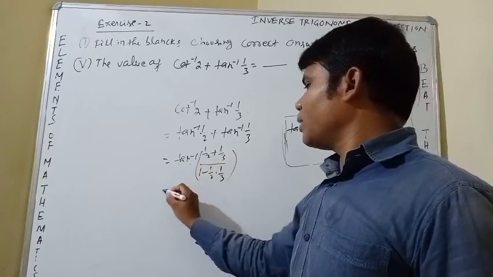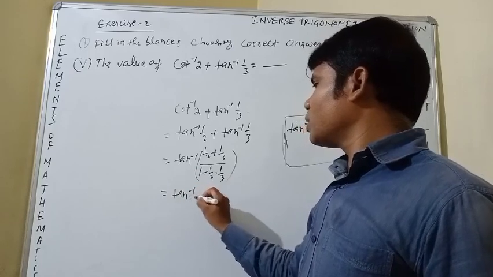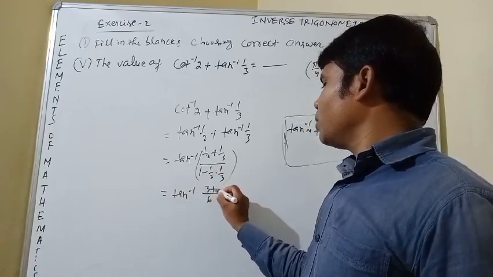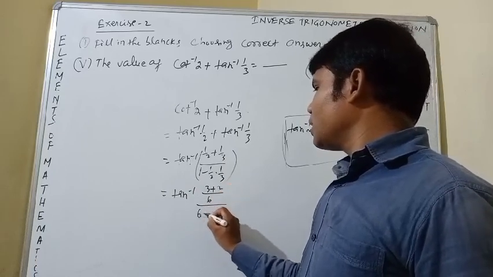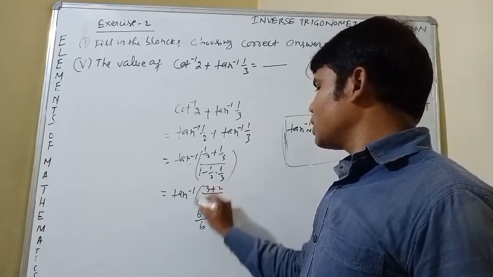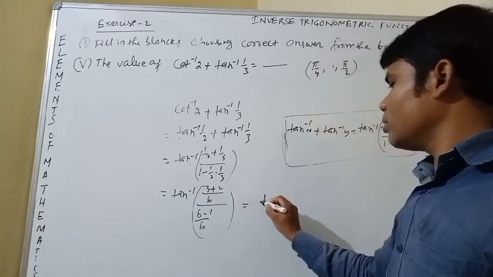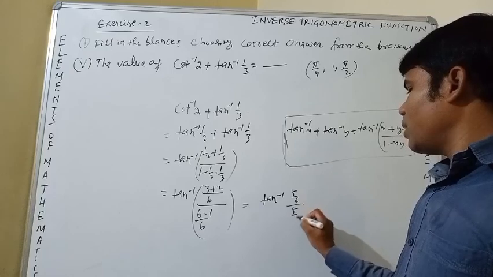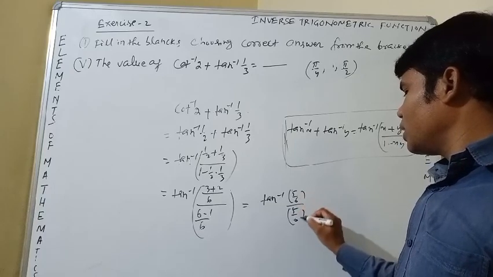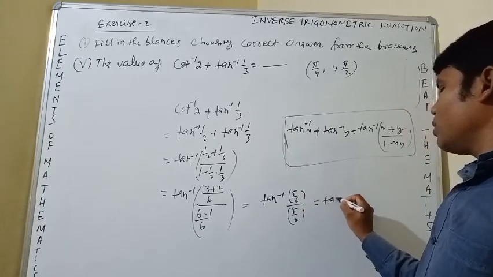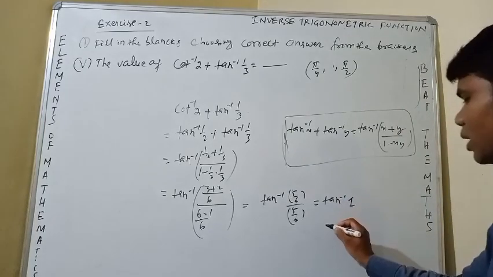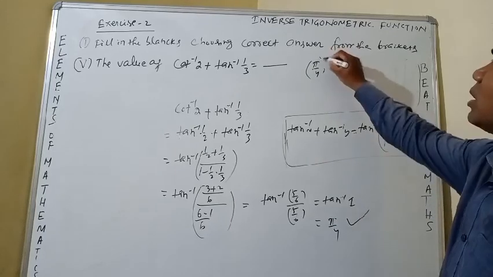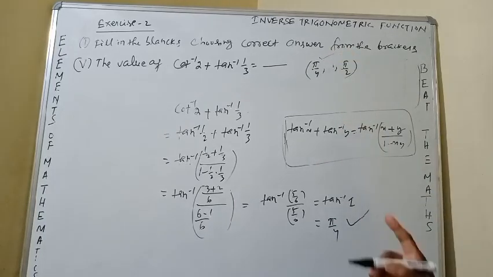Okay, is equal to tan inverse, this is how much, 3 plus 2 divided by 6 minus 1 by 6. Okay, is equal to tan inverse 5 by 6 by 5 by 6. Okay, these two will cancel out, is equal to tan inverse 1. Tan inverse 1 is equal to pi by 4. So the answer is pi by 4. Pause the video, note it down.